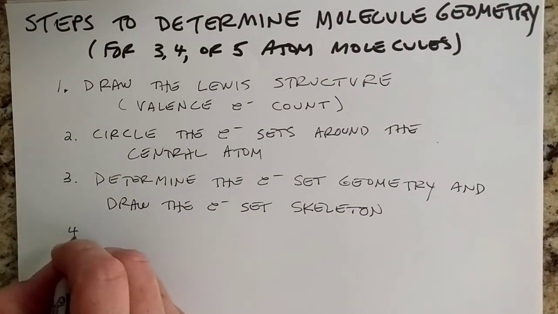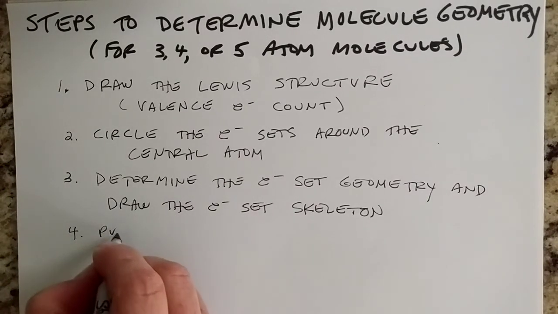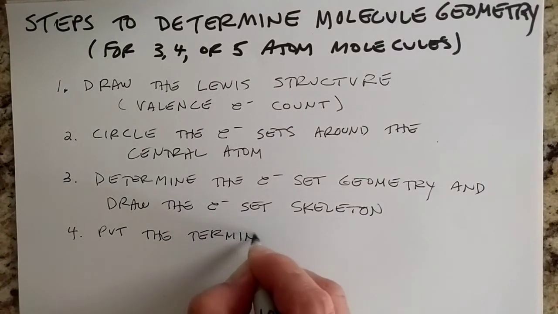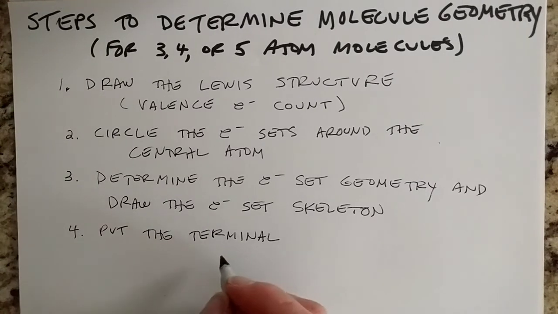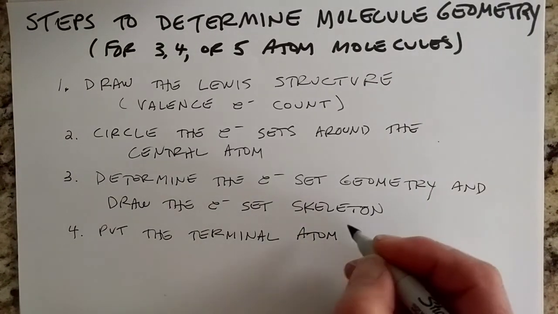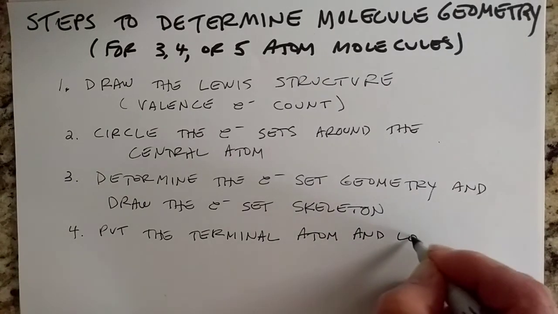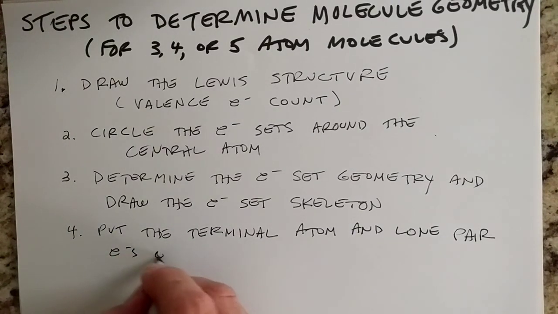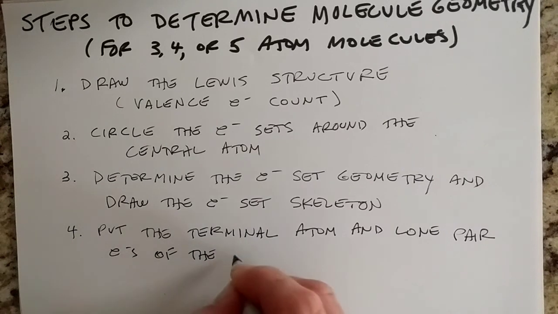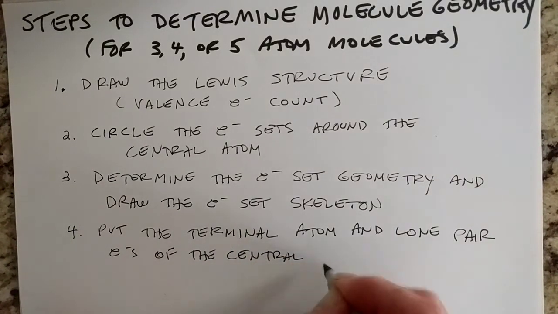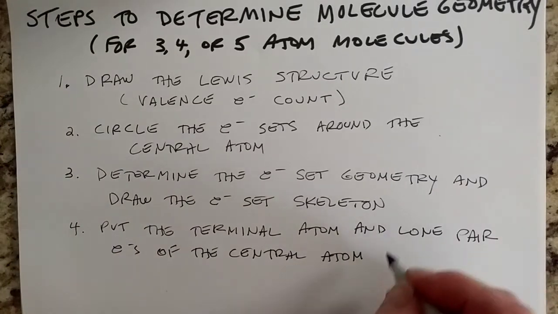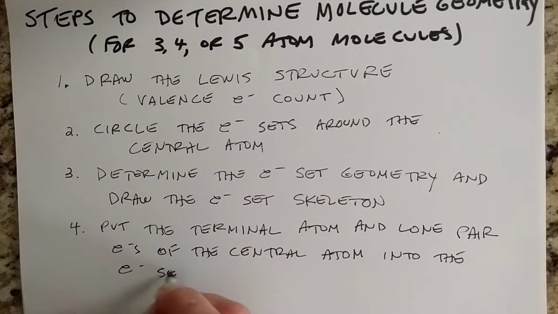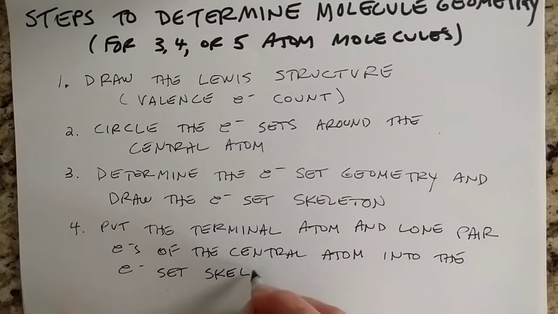Okay, step number 4. You're going to put the terminal atoms, these are the end atoms, and lone pair electrons of the central atom into the electron set skeleton.